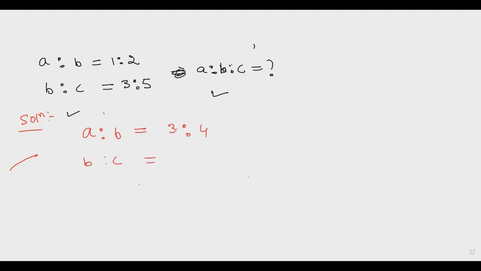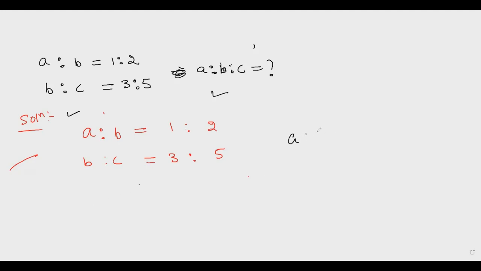B:C is how much? 3:5. Okay. Now, how we are going to calculate this A, B, C?